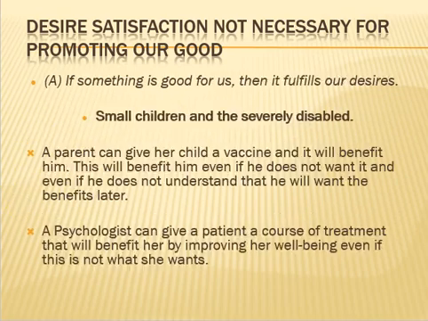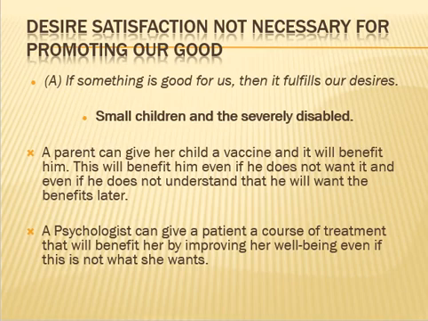Okay. Next, testing claim A. Again, if something is good for you, then it fulfills your desire. But consider, he says, small children and the severely disabled. A parent can give her child a vaccine, and it will benefit him even if he does not want it, and even if he doesn't understand that he will want the benefits later.